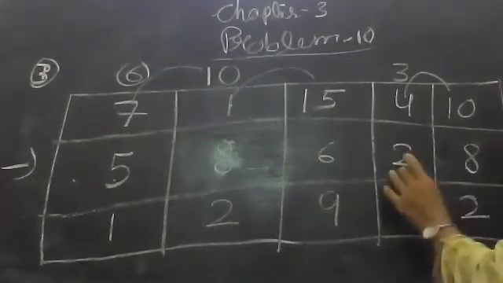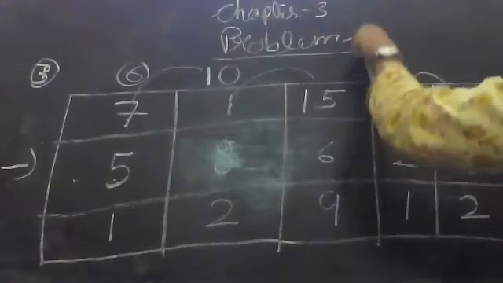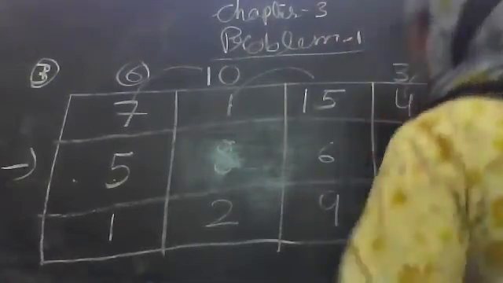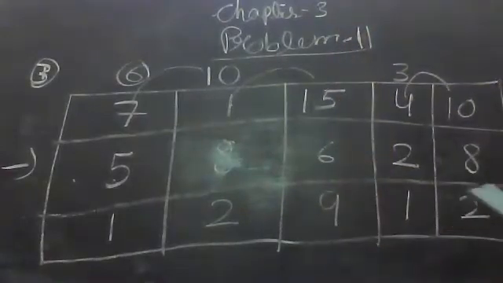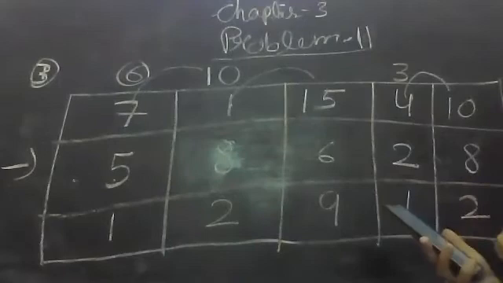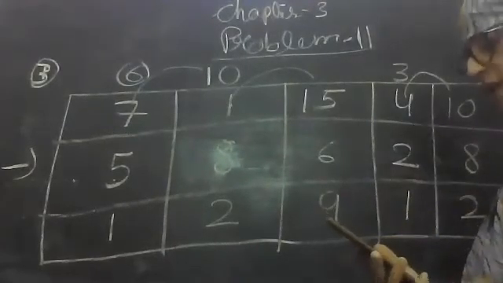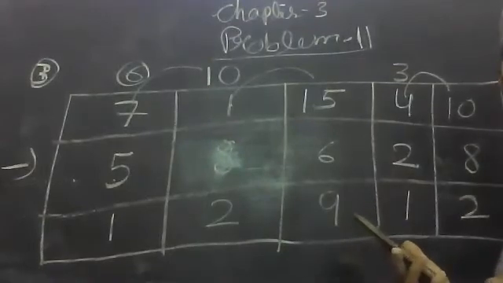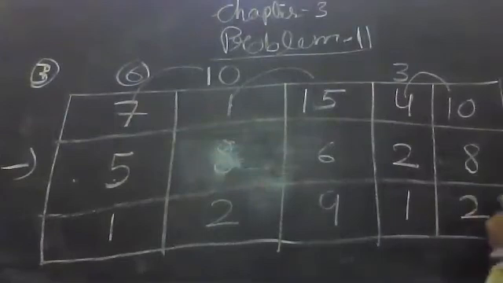Okay, till here it is clear. Now we will do, all of you just open page number 13, problem set number 11. In this also you see big digits are given. So don't be in a confusion, you can do it. But the first one I'll show you.